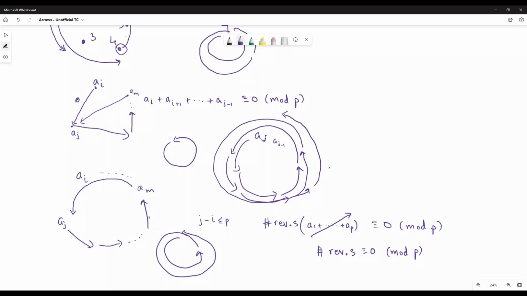But now notice that there are at most p revolutions. Because each revolution has a unique starting point.